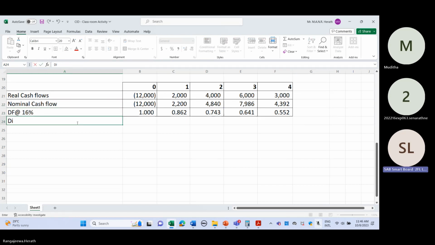Then discounted net cash flows, nominal net cash flows.